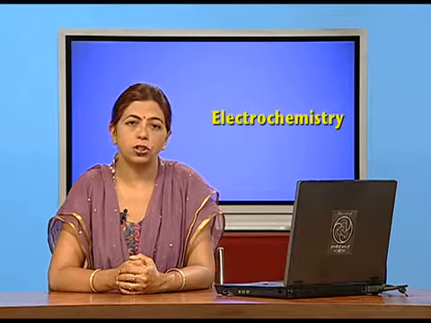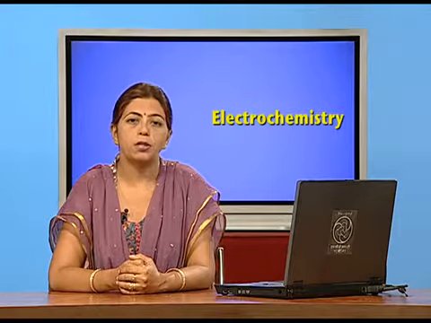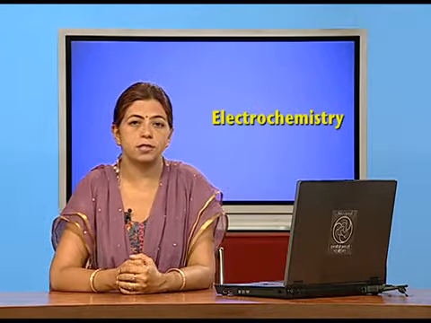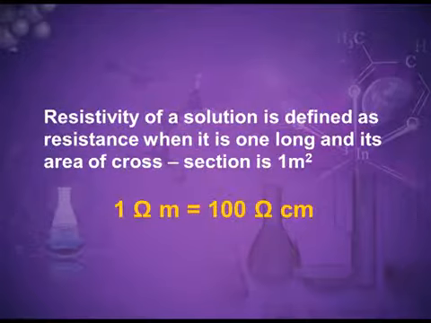By convention, we give preference to resistivity over specific resistance. The unit of resistivity is ohm meter. Resistivity is defined as the resistance when the conductor is 1 meter long and its area of cross section is 1 meter square. The symbol for resistivity is rho.